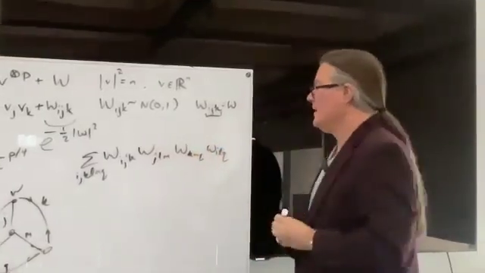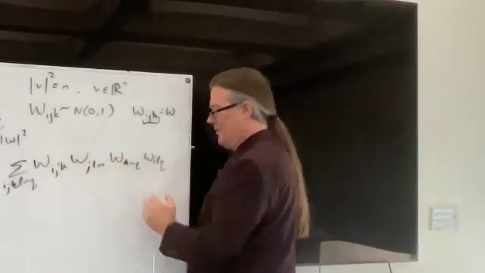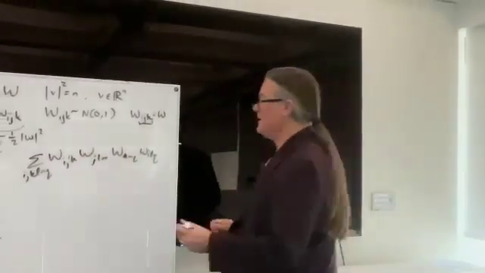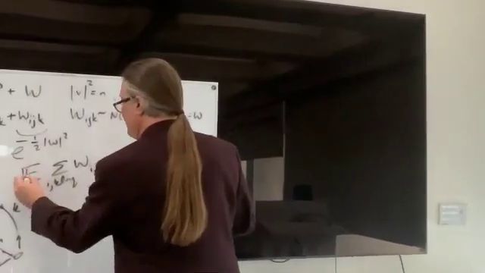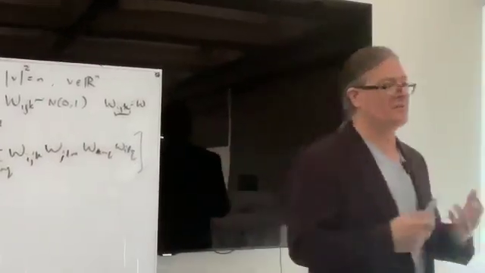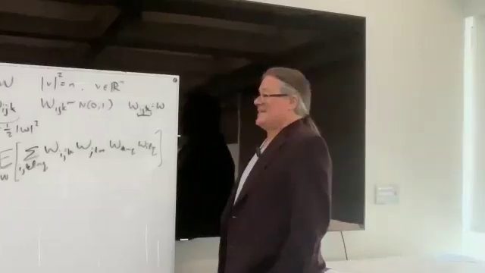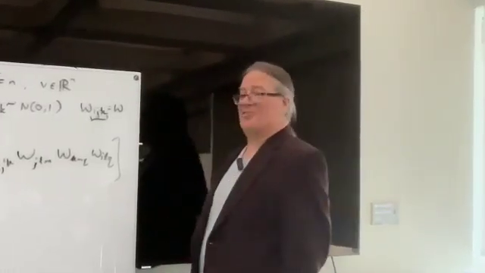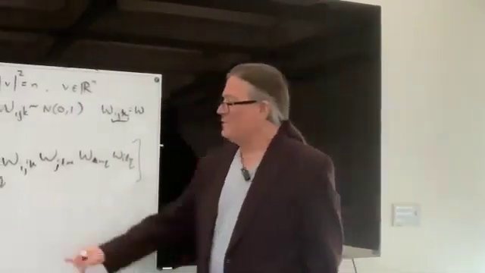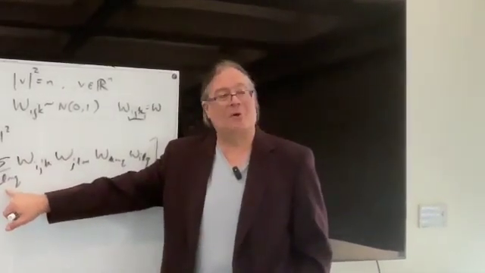Okay, good. Now, each of these, for a given tuple of indices here, these are independent Gaussians. So what is the expectation of this thing over the distribution of Gaussian tensors? Well, in order to contribute a non-zero amount to this sum, only certain combinations of these 6 indices will work.